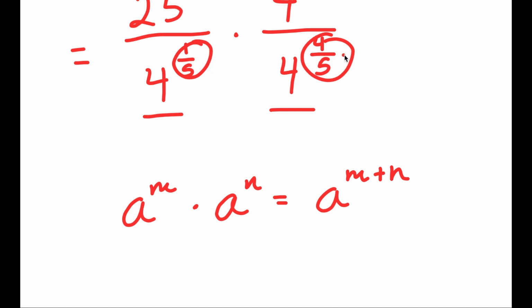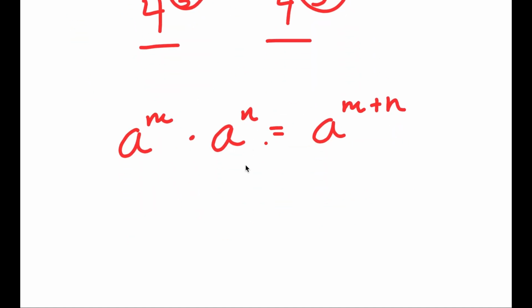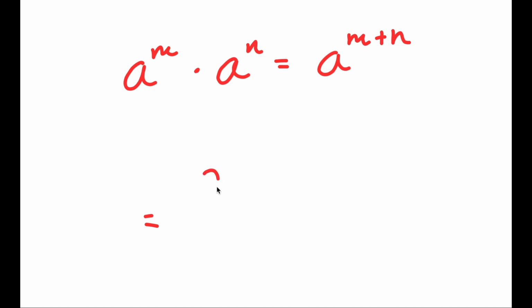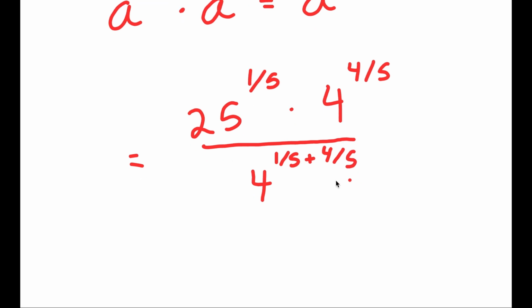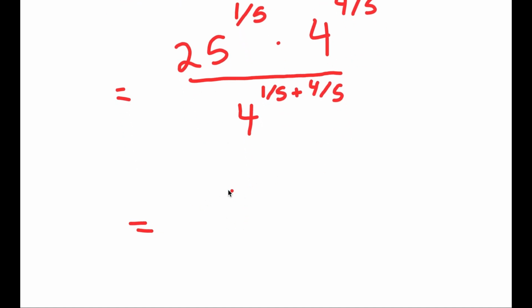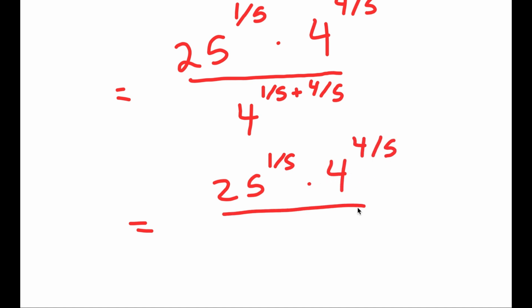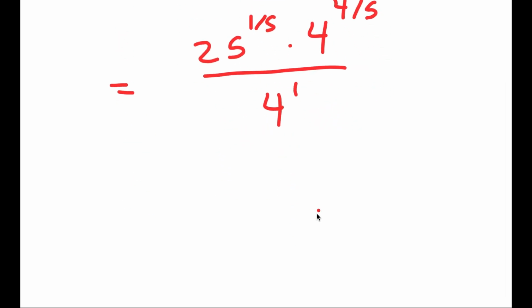And 1/5 plus 4/5 is simply 1. So I get 25 to the power of 1/5 times 4 to the power of 4/5 all over 4 to the power of 1/5 plus 4/5, which is just equal to 25 to the power of 1/5 times 4 to the power of 4/5 over 4 to the power of 1.